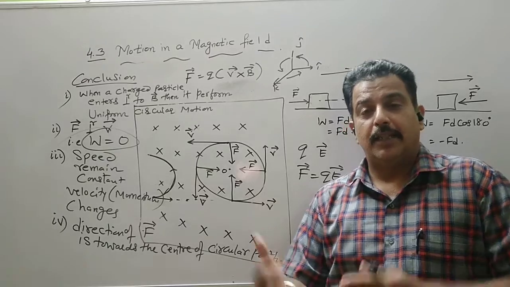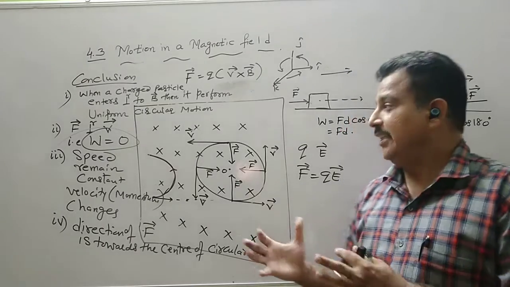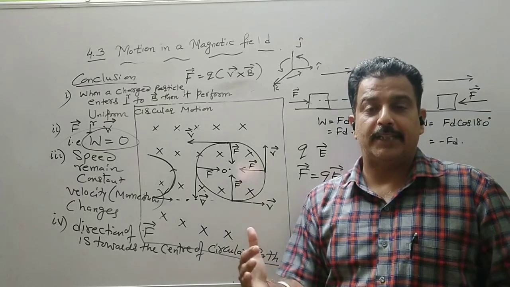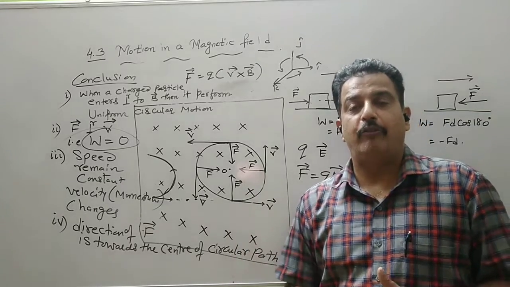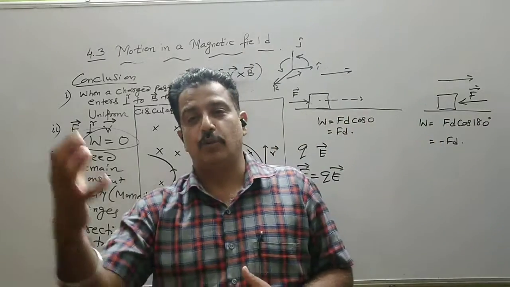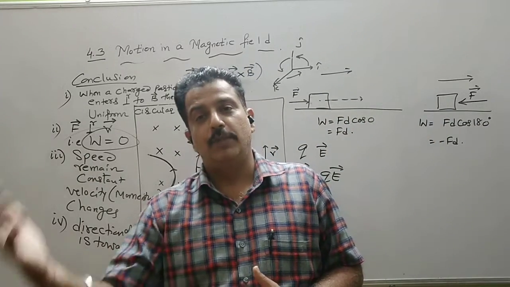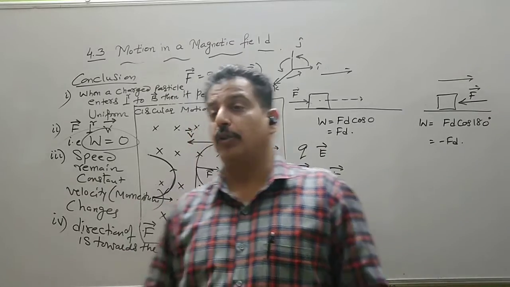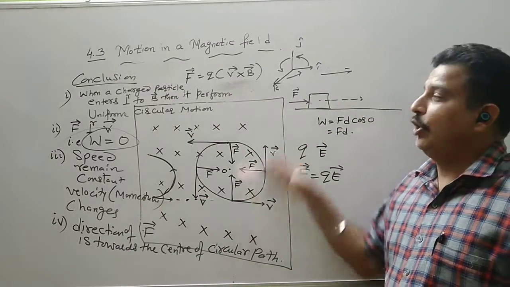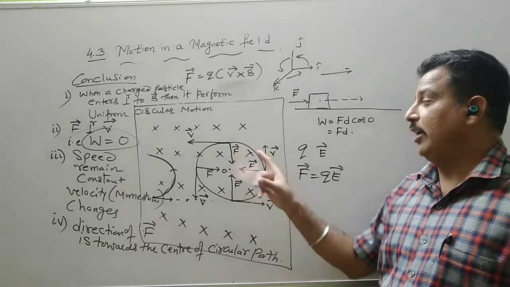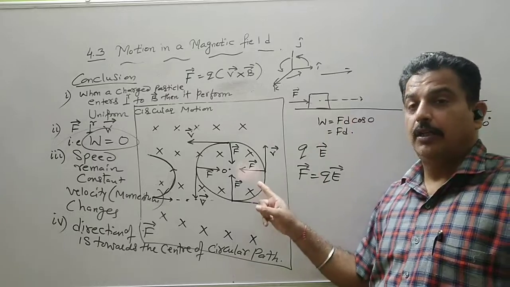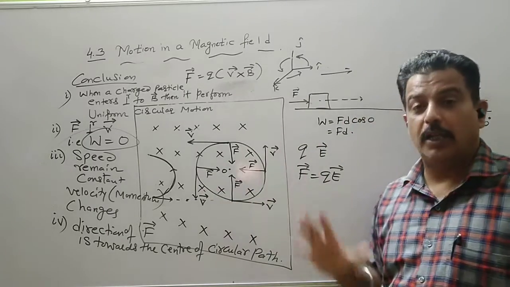Now in the next lecture, we will see that this necessary centripetal force is provided by the magnetic force. The centripetal force, we know the formula, is mv square upon r, and it should be equal to the magnetic force, because due to the presence of the magnetic field, this particle is forced to move in a circular path.